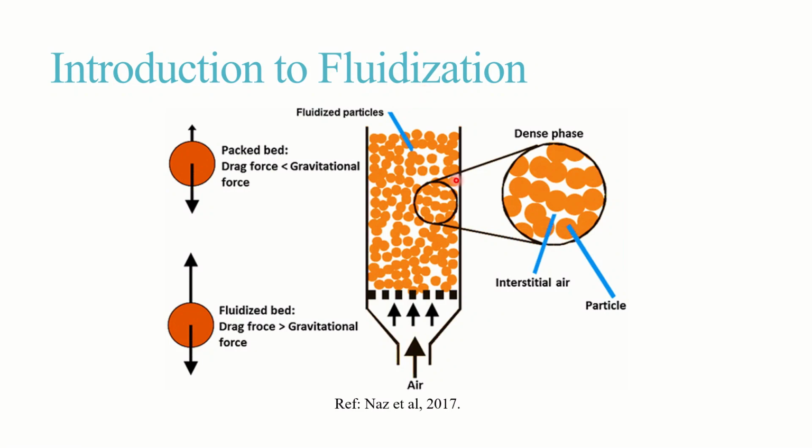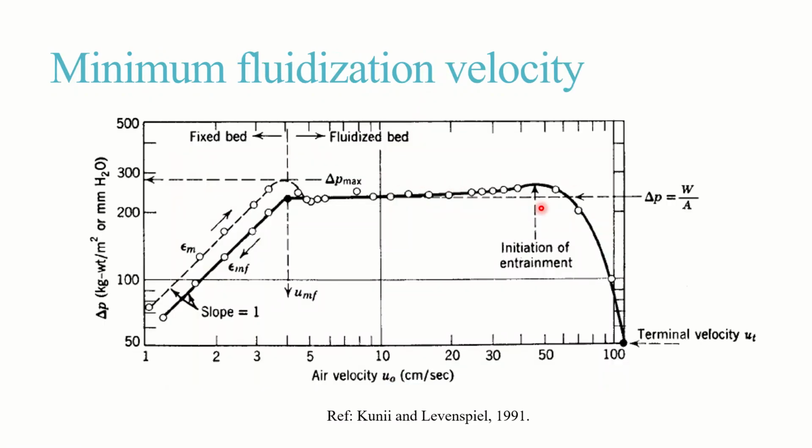Because of which the pressure drop remains constant, as there would be no further need to move the particles, because it would be the weight of the particles per area.